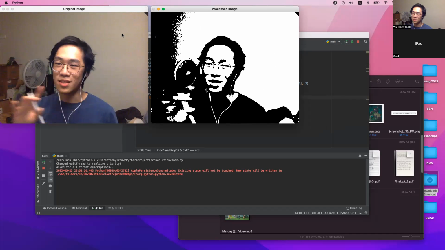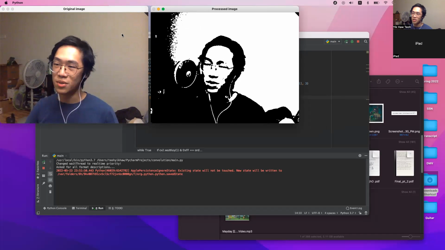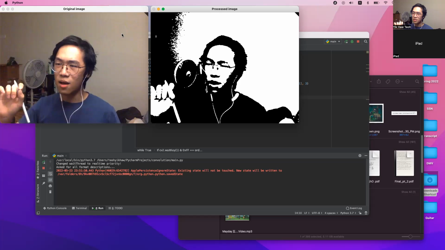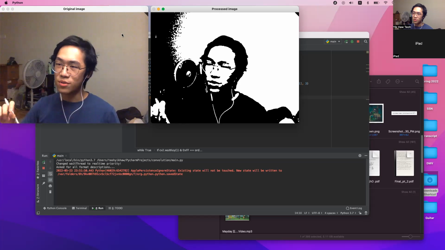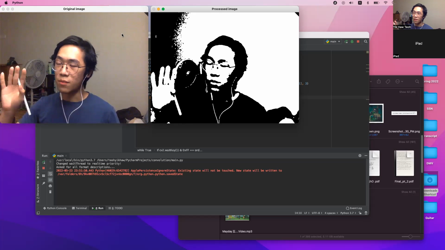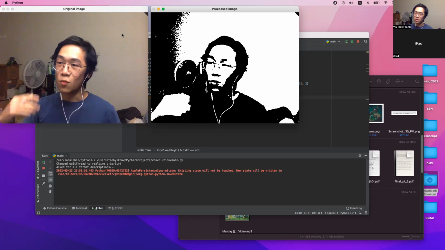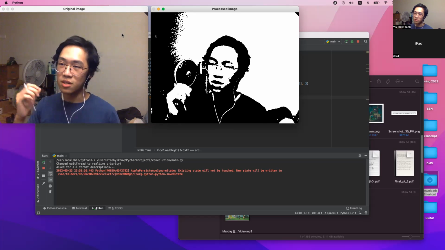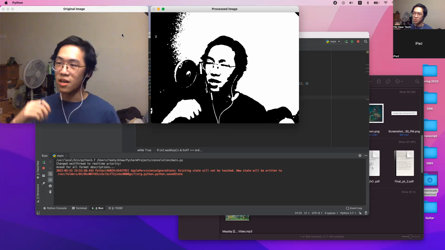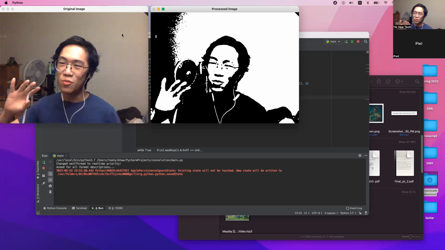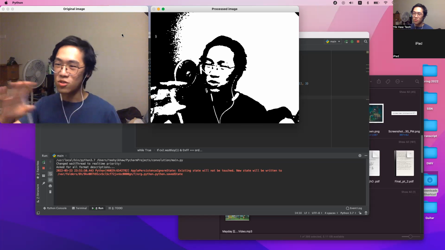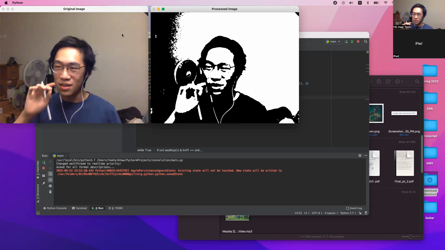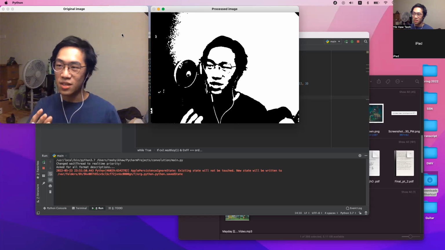What I did with this Python code, using the OpenCV library, is pass the image through some filters, and this is what we have in the end. Why is this important? During optical character recognition or image processing, especially in machine learning, we want to remove noise or smooth out very noisy data.